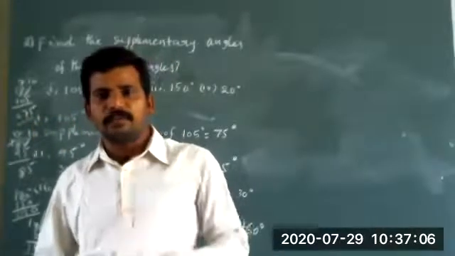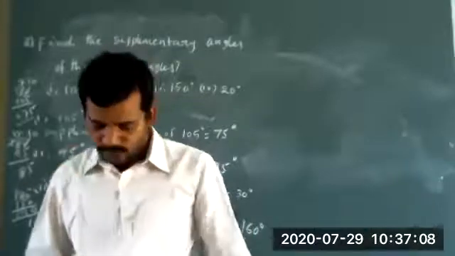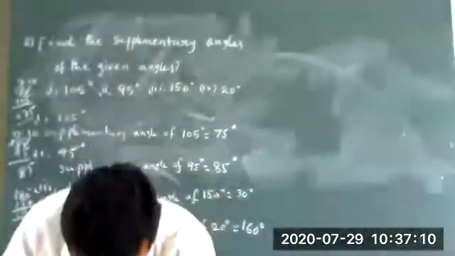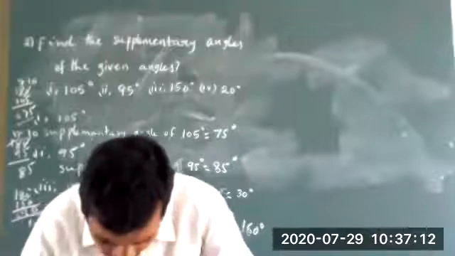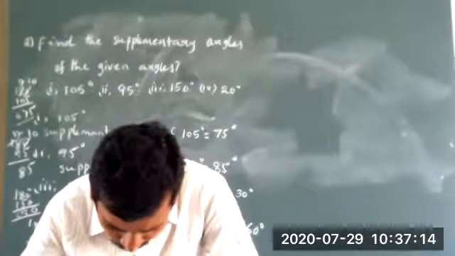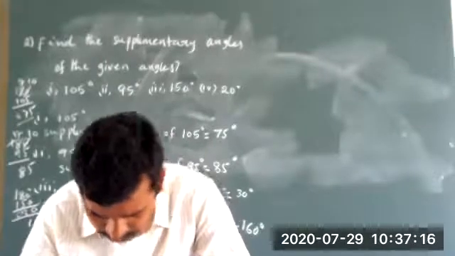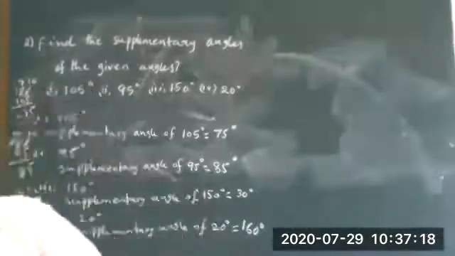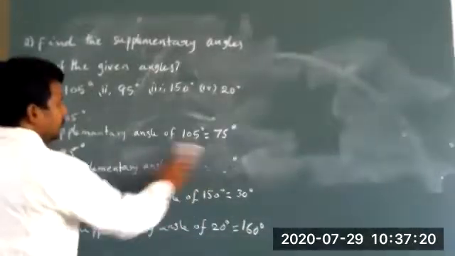It is very important, these two angles. Now, two acute angles cannot form a pair of supplementary angles. Justify. This is a very important question, children.